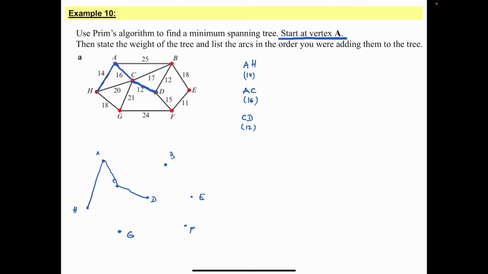Then the next one is 12, CD. Then I have 12 again, DB. Then I have 15, DF. And then I have 11, FE.